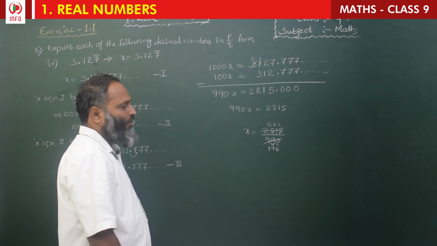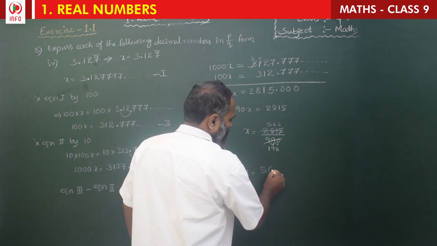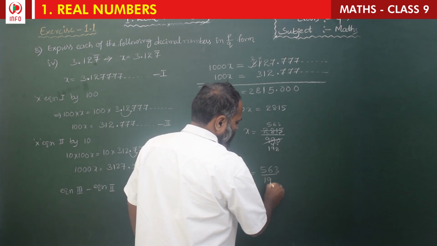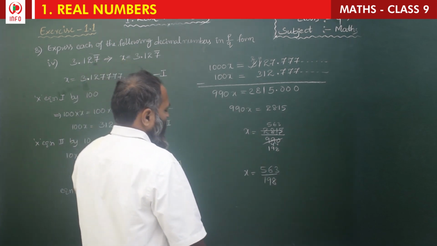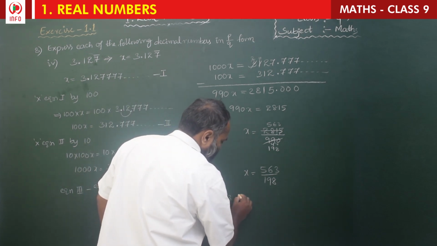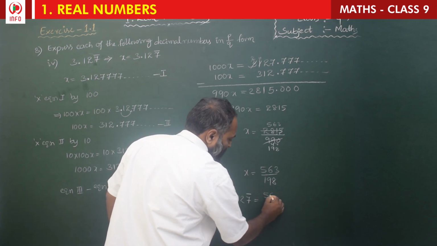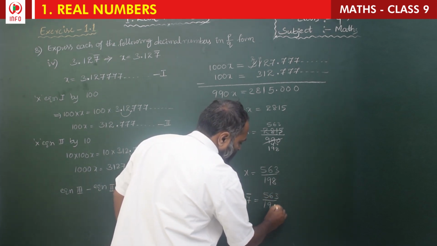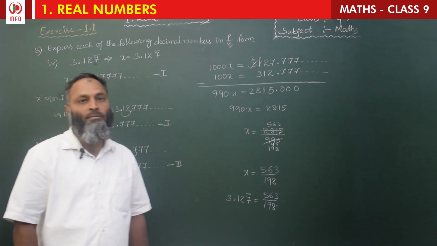Then the answer is x is equal to 563 by 198. What is our x? Our x is 3.1277 bar, which is equal to 563 by 198. This is in the form of p by q. Okay.